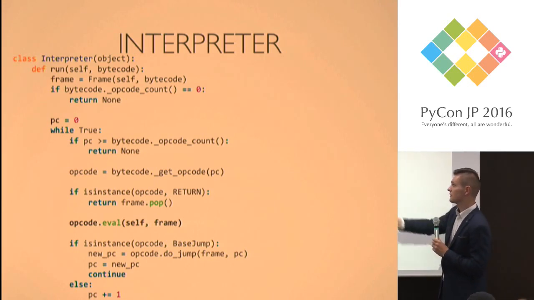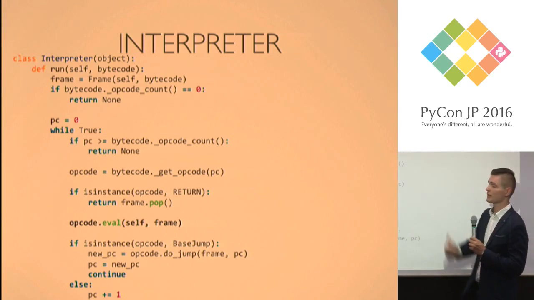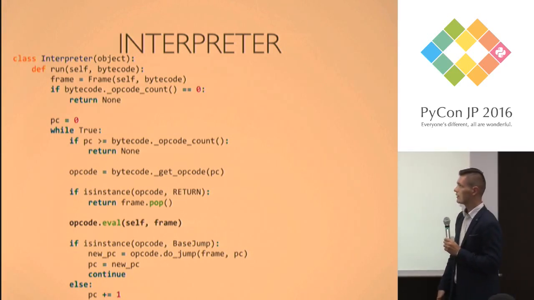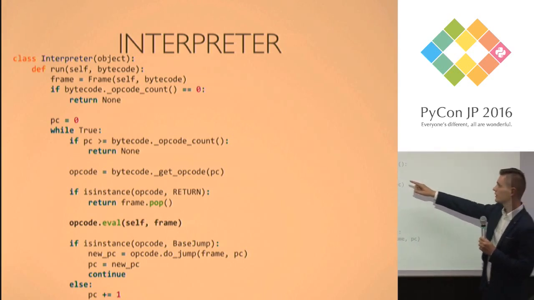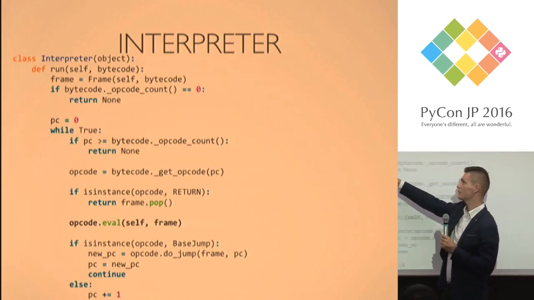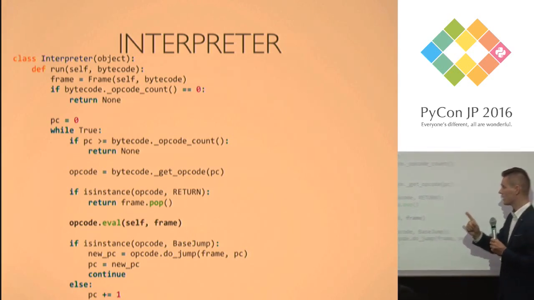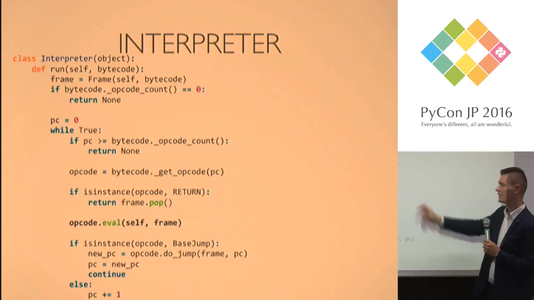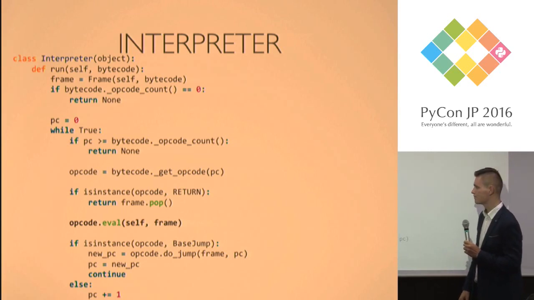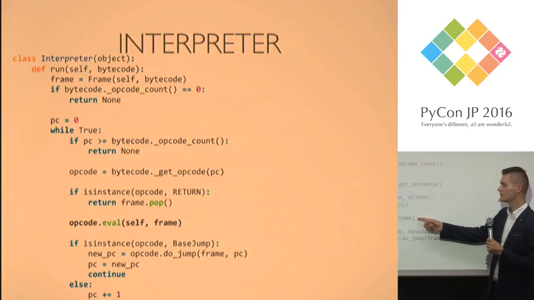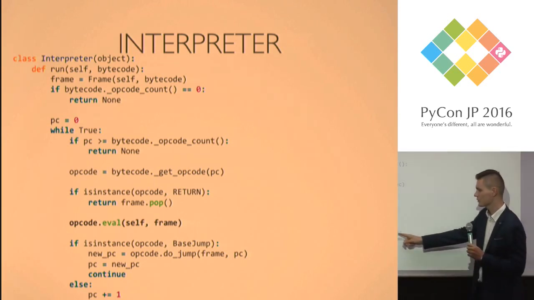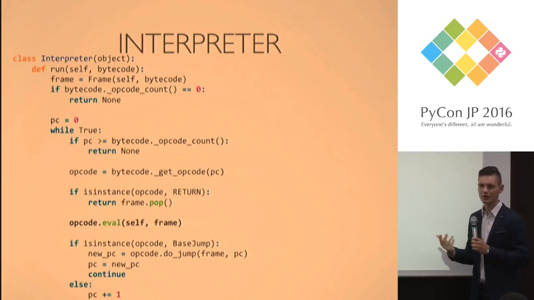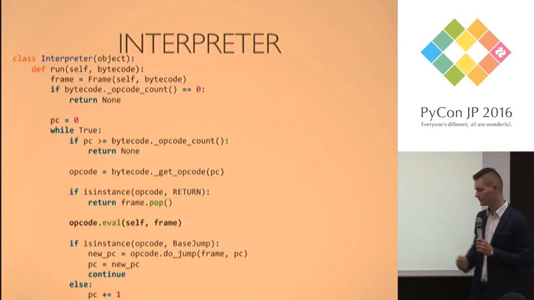Just a bunch of checks. If I don't have any opcodes to run, opcode count 0, don't do anything. And then all I'm doing here is creating a position variable, saying 0. Get me whatever is at 0 position, so the first bytecode in a list. Evaluate it. Maybe the result was a jump. So if you have if statements or you have loops, they would usually use jumps, which means jump back.